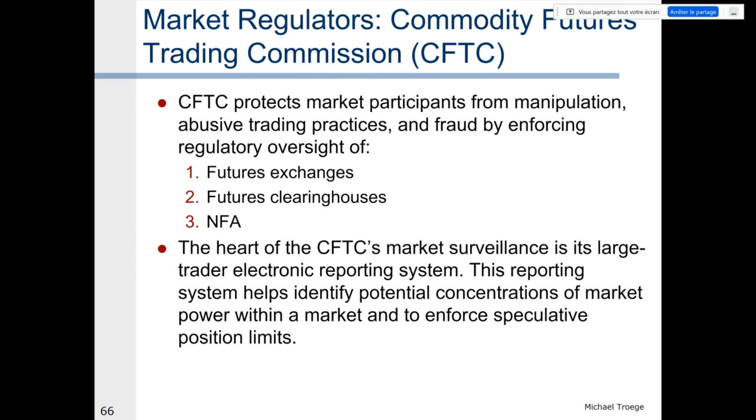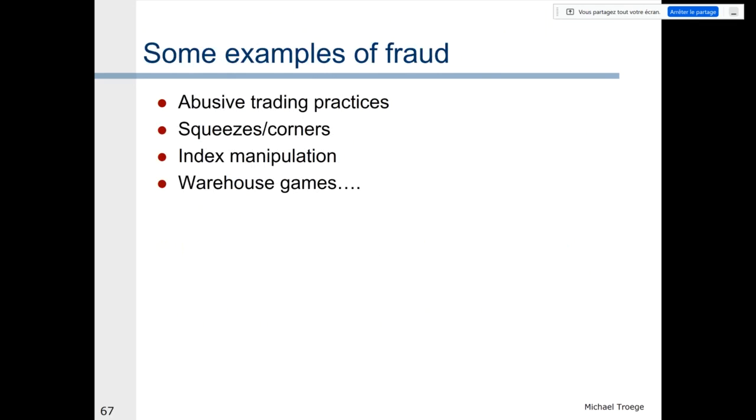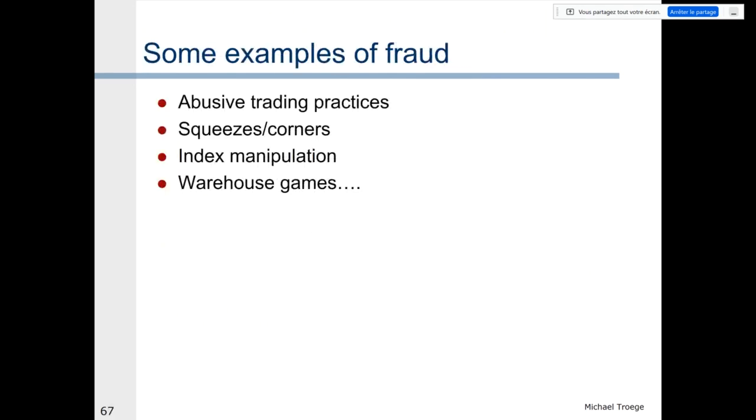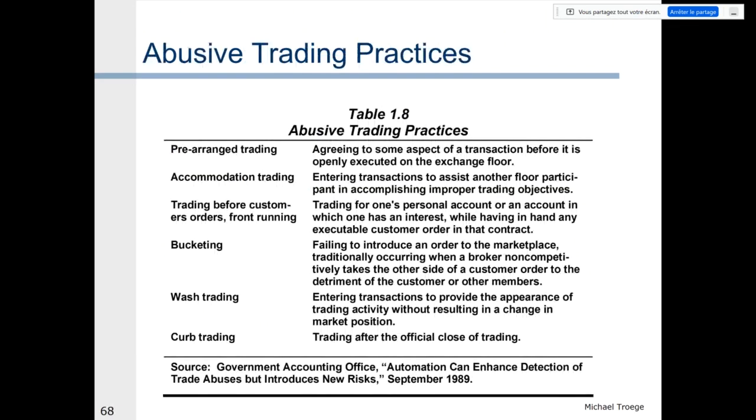Okay, and here you have the last layer, as I told you, the CFTC, the Commodity Futures Trading Commission, which is the highest level of this complicated regulatory system. That's probably more interesting for you than the US regulation.